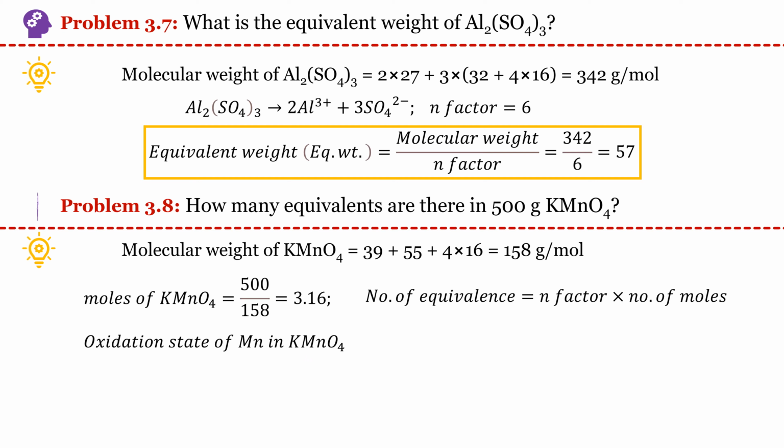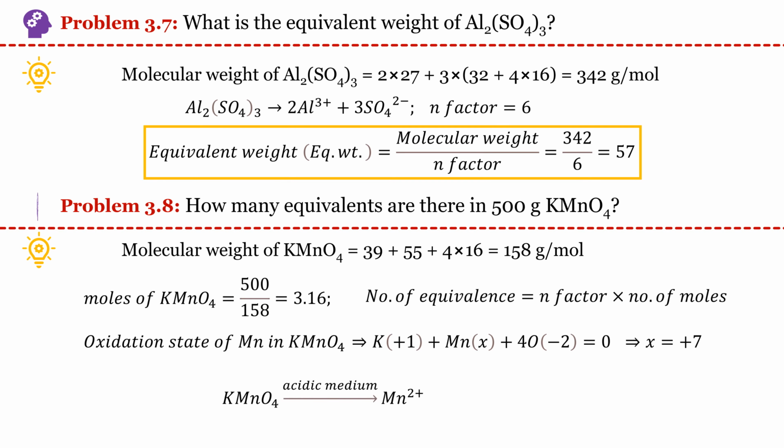So we can find the oxidation state of Mn in KMnO4. For potassium K it is plus 1, and for Mn we can assume it as X. For oxygen it's minus 2, and there are 4 oxygens, so it becomes 4 times minus 2. So X will come out as plus 7.